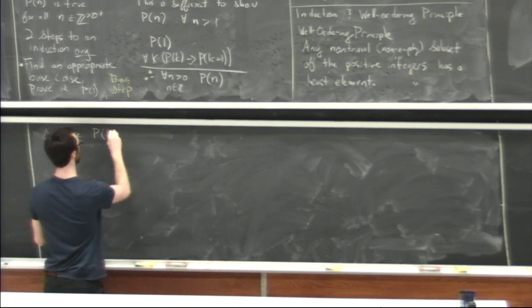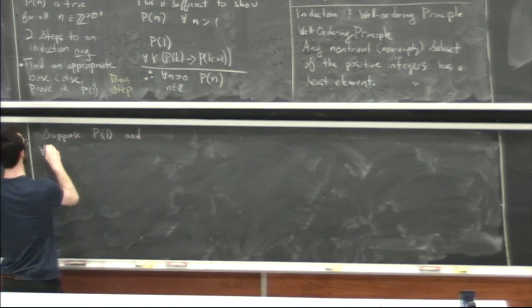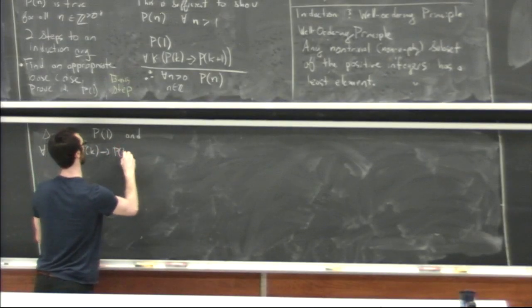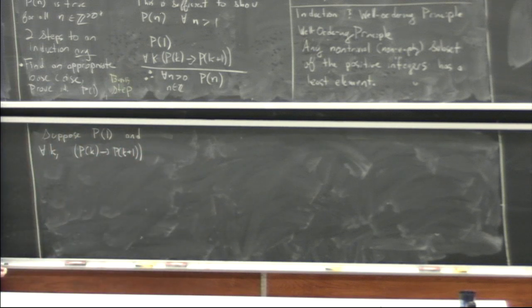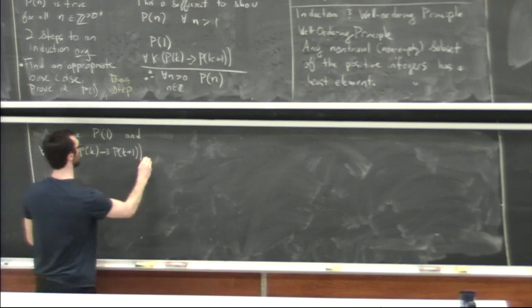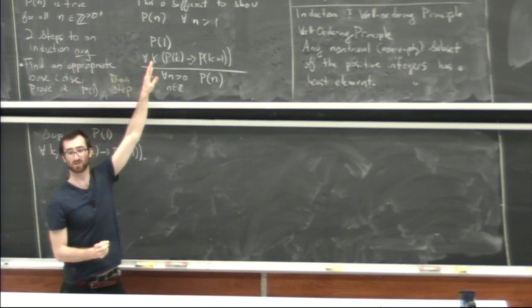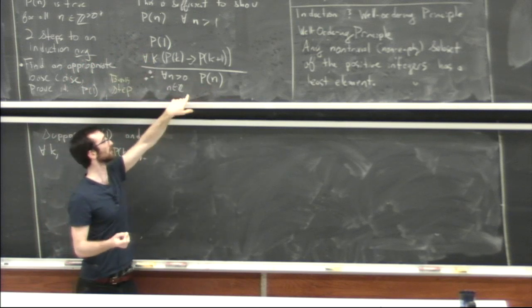Suppose P of 1 and for all k, P of k implies P of k plus 1. Assume we have these two things that are known. Now what I want to show is that this forces P of n to be true for all n greater than 0.